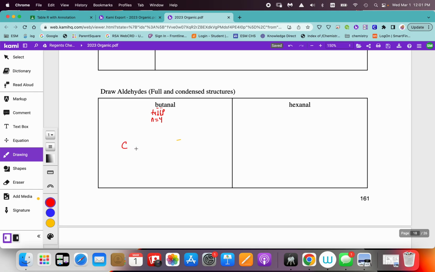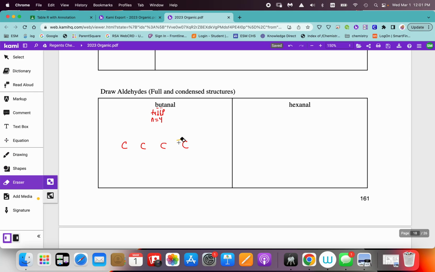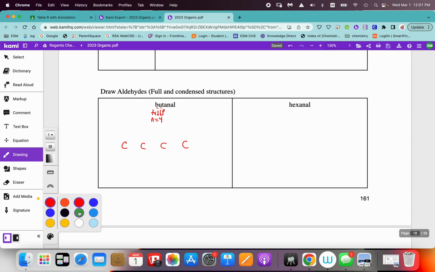So I am going to draw my 4 carbons because that's how many carbons I have present. Now, when I take a look at the name, I see ane. So that tells me the bonds in the parent chain, and that means that they are all single. So we link all those carbons in the parent chain with single bonds.